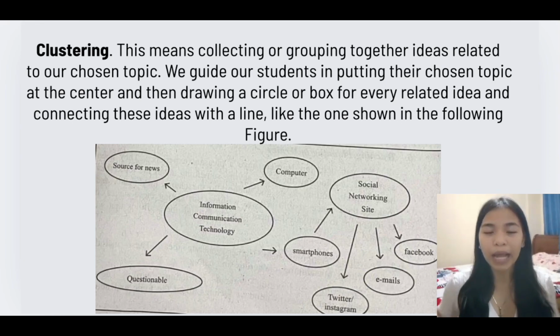Then we organize our ideas and draw a line connecting to each of these. So we know that this social networking topic is connected to Facebook, Twitter, Instagram, and email. They are the connected ideas. So now you have your visual map of social networking.